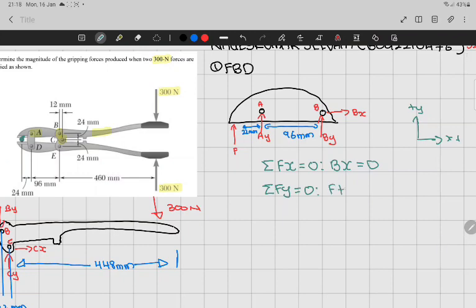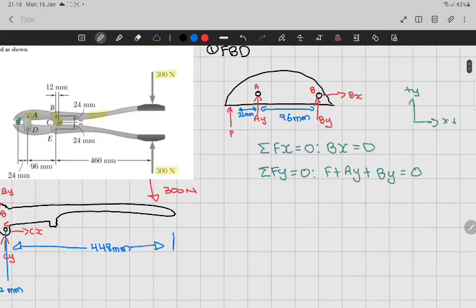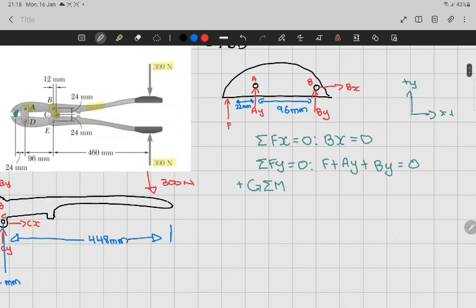So F plus AY plus BY is equal to 0. Then let's do the summation for moment. As a reference, we can take point A, so plus summation moment at point A is equal to 0.